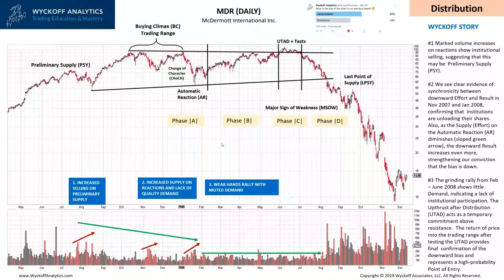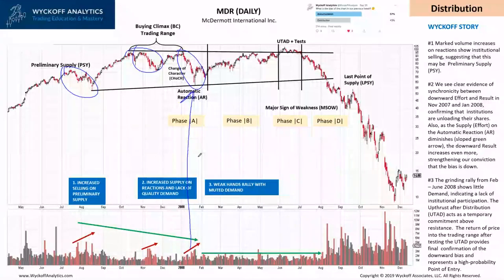Is this distribution during the buying climax range, or is it rotational selling and buying? Well, a good question to ask at that point, right? Is this a rotation between institutions, or is this a distribution? I would say that it's probably both.